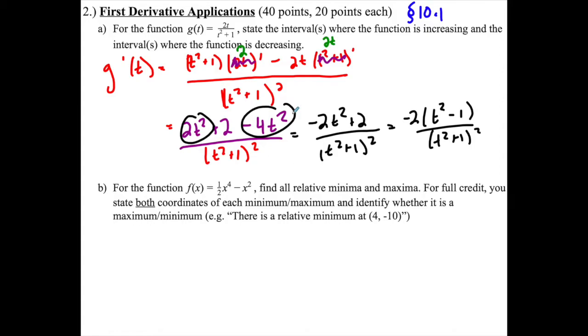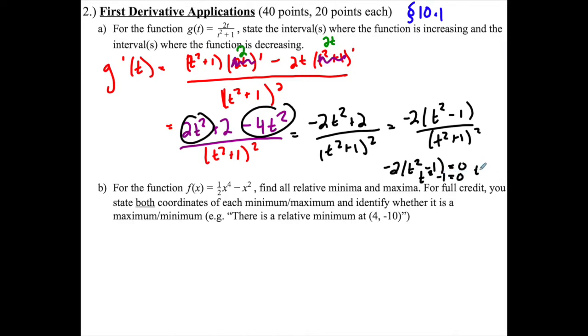We'd also want to look for any critical numbers. Now I know there are none, and the reason is because t squared plus 1, there are no real numbers that make that 0. So all I'm going to do is focus on the top. So in other words, negative 2 times t squared minus 1 is equal to 0 when? Well, we can solve that. That's the same thing as t squared minus 1 equals 0.